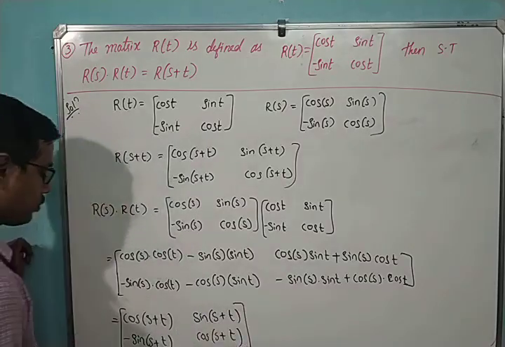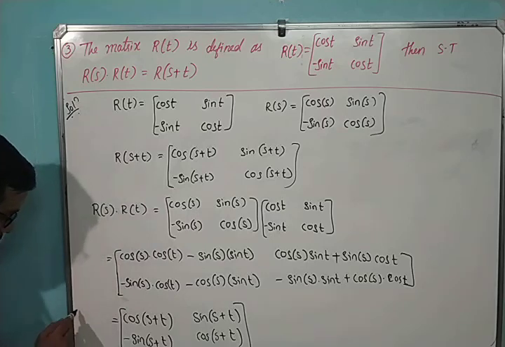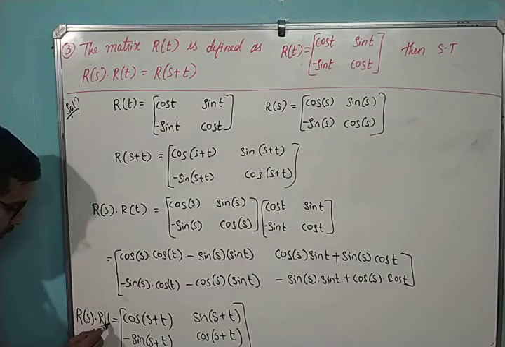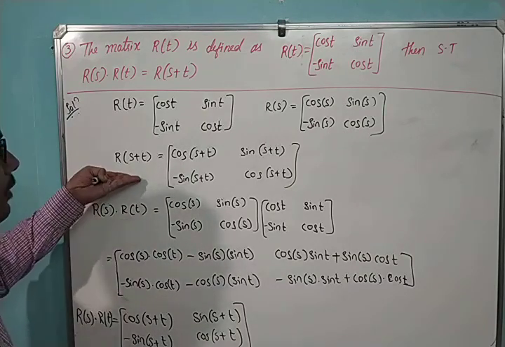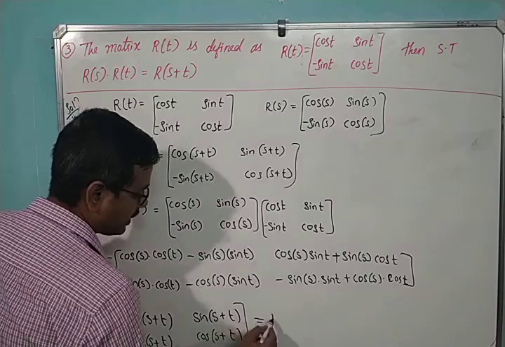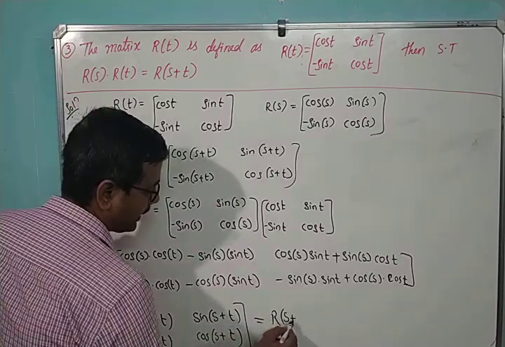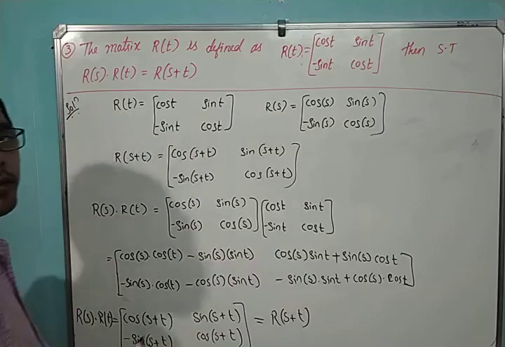Okay, so this is what we got: R of s into R of t. This resembles R of s plus t, so there is nothing but R of s plus t. This is how we have to prove it.